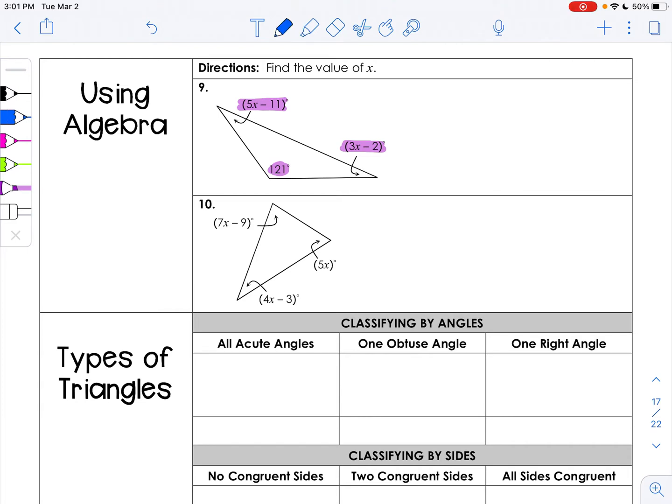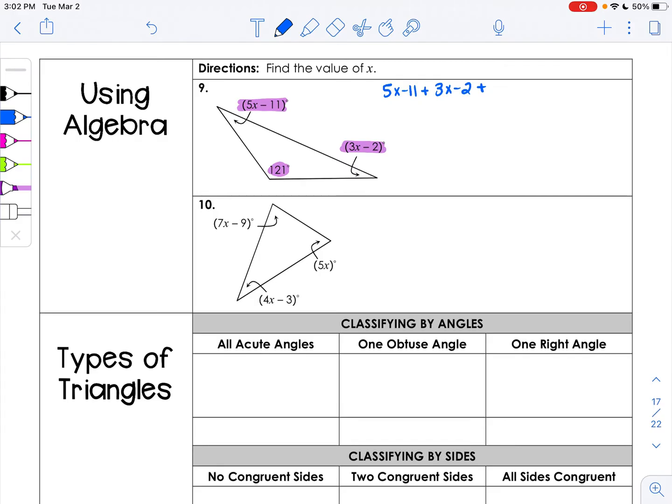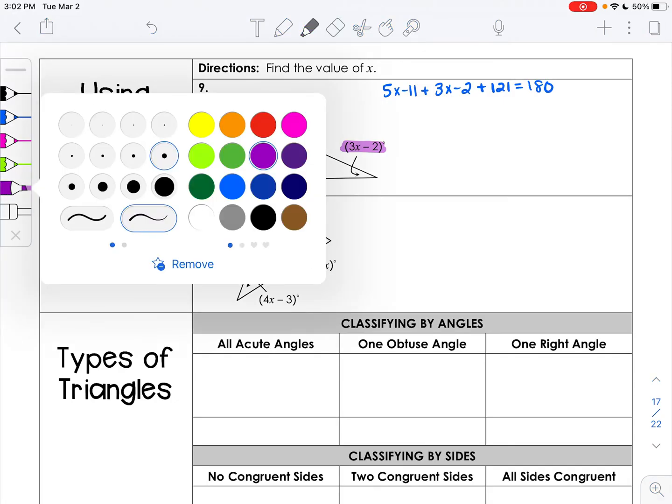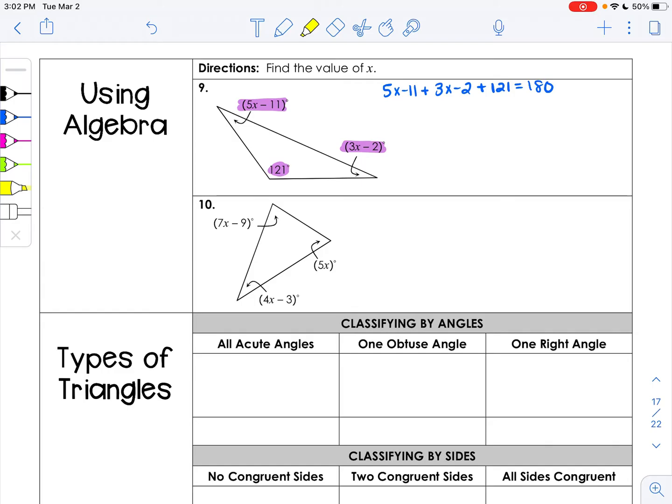So when I write my equation, one angle, 5x minus 11, plus another angle, 3x minus 2, plus my third angle of 121 equals 180. Then I can combine like terms. So I can combine 5x plus 3x.